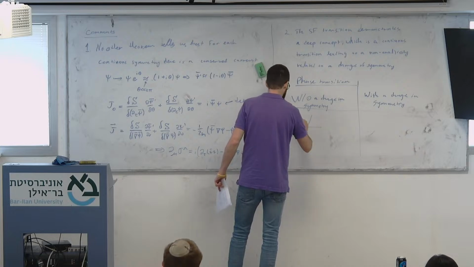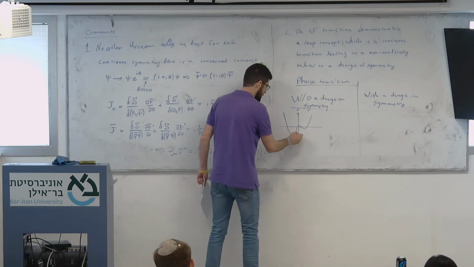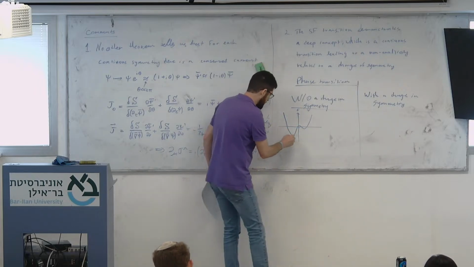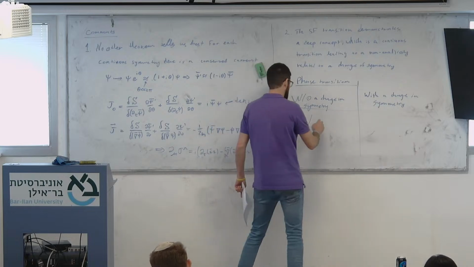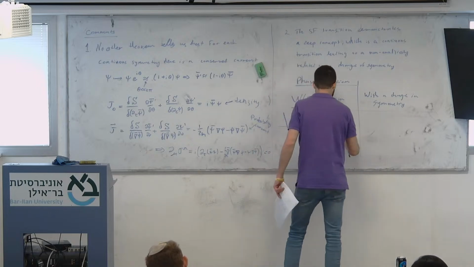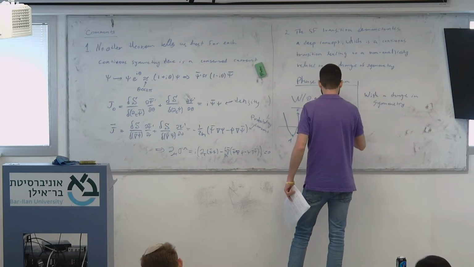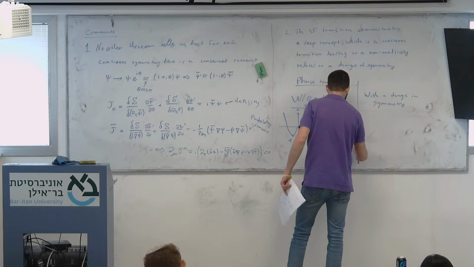We have some free energy or action or whatever, and we have two minima, A and B. And then as a function of some parameter, we go to a second state which looks like this.